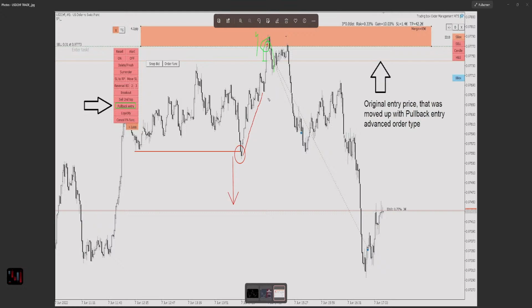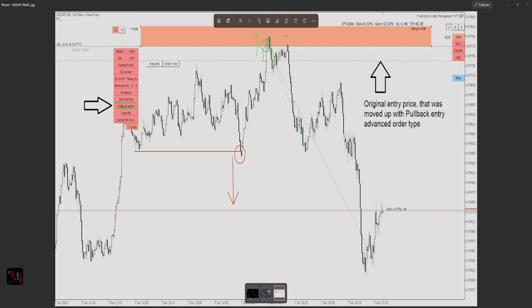If we wanted to look for some kind of confirmation, maybe we could draw a trend line in here and wait for the breakout, or even in here after this demand has been touched, a trend line in here as well. This could have been another scenario to look for the entry after the break of the trend line.